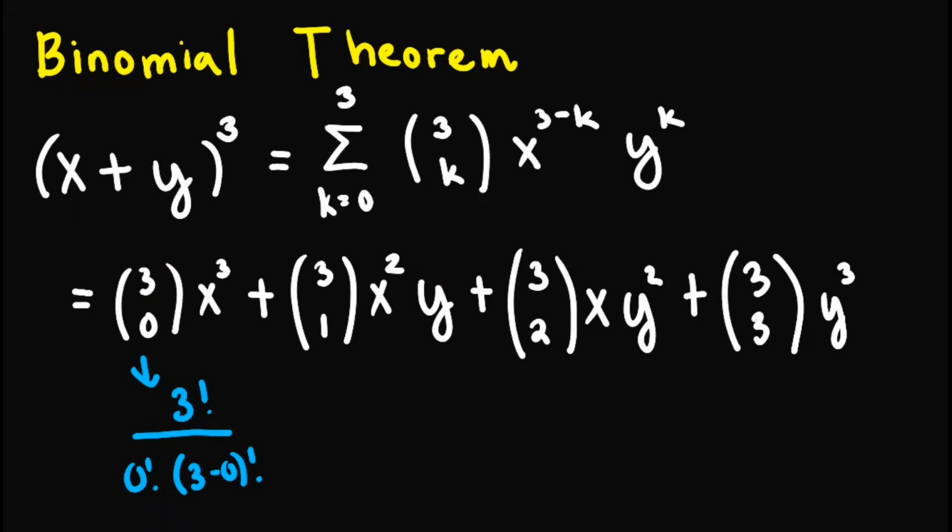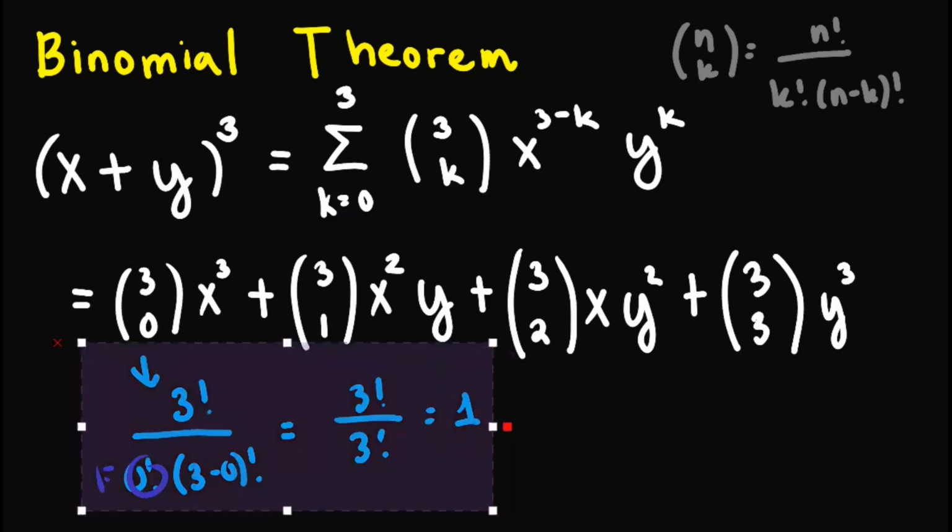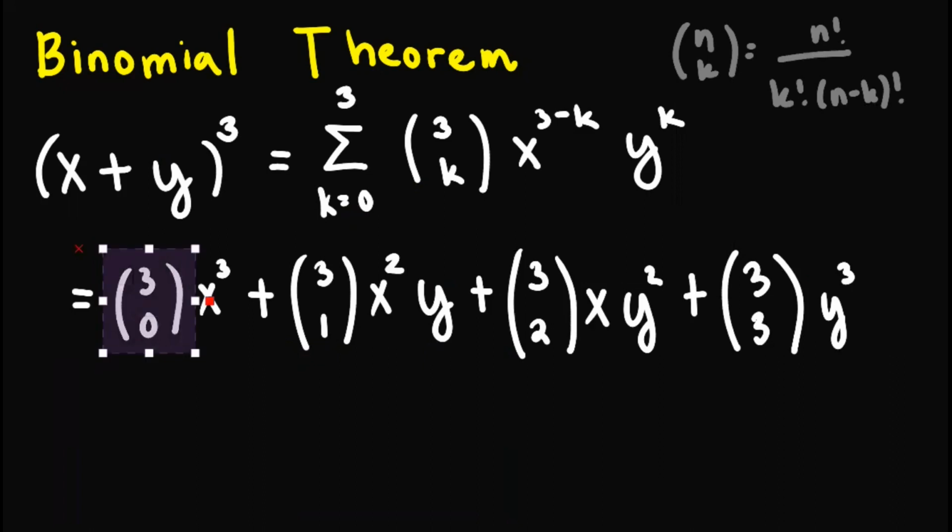The formula is n factorial over k factorial times n minus k factorial. So this one simplifies into, again, 0 factorial is equal to 1. So this one becomes 3 factorial all over 3 factorial, which is simply 1. So this one becomes 1.